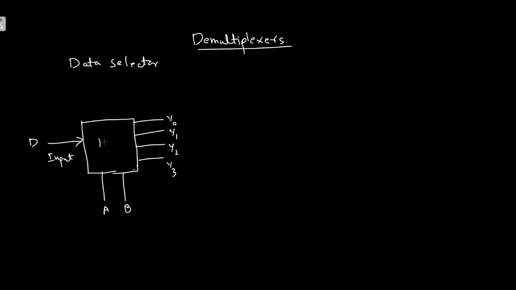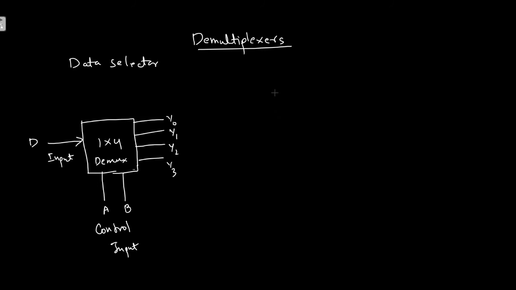So this is a 1 cross 4 demux. Now our purpose is to get the logic of this demultiplexer. So input is 1, control inputs are A and B. These control inputs also act as inputs, and 4 outputs.